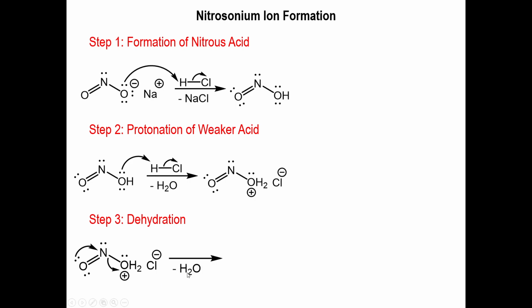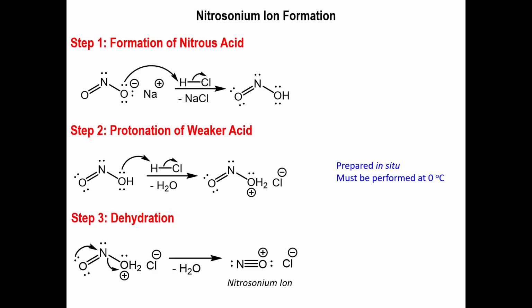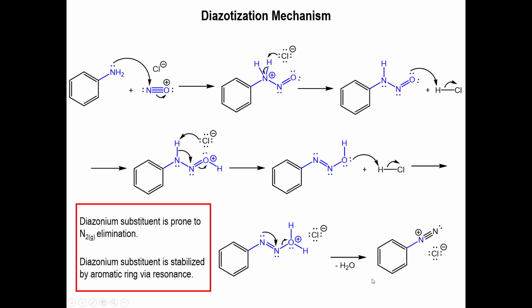You basically produce water as a byproduct, but you also form this nitrosyl cation, which at the moment is balanced out by a chloride anion. So this nitrosonium ion, excuse me, is the key component to this reaction. All right, so yes, we prepare this in situ, and we do it at low temperature, generally speaking.